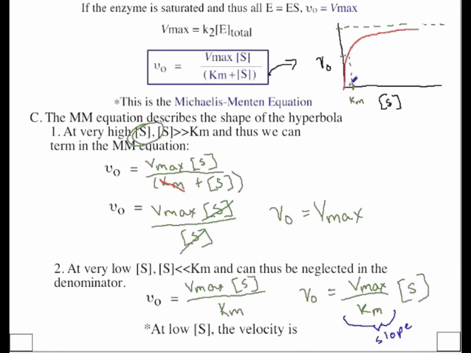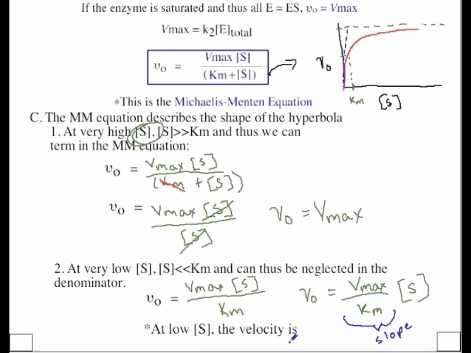So at very, very low concentrations, basically you've assumed a linear function with a slope of Vmax over Km. So at low substrate concentrations, the velocity is a linear function of the substrate concentration, or depends linearly upon that substrate concentration.